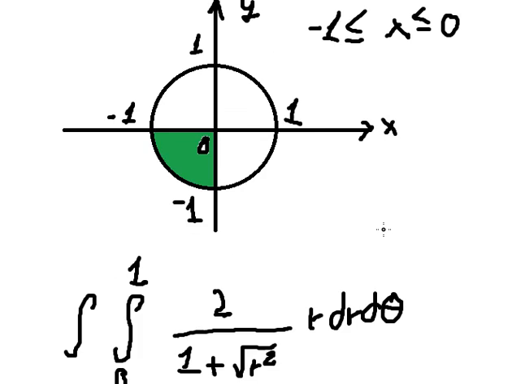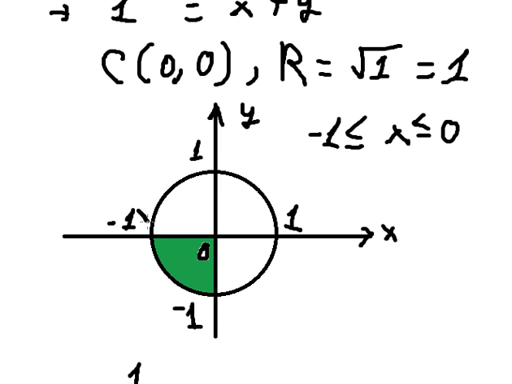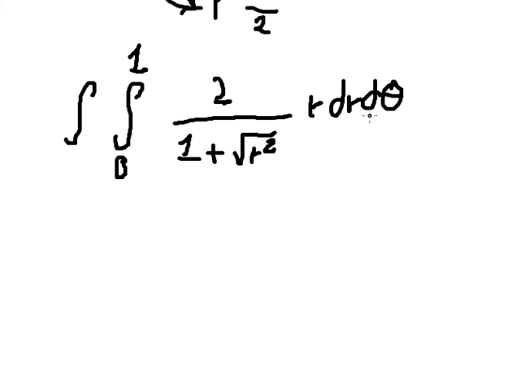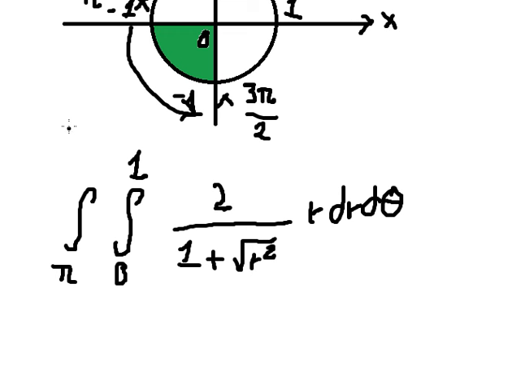About theta, we know that we start here and we stop here. So according to the trigonometric circle, this location is pi. This location is 3 pi over 2. So the bounds of theta are from pi to 3 pi over 2.